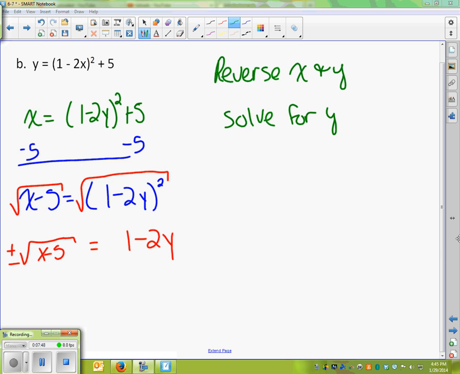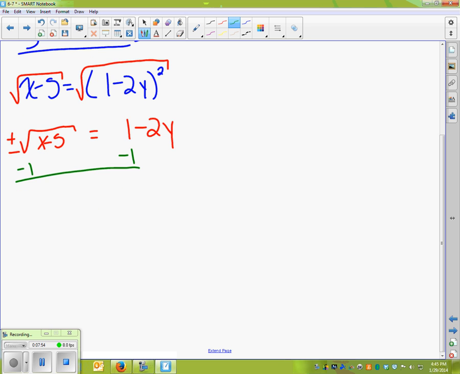Solving for y now, I subtract the 1 from both sides. So I have negative 1 plus or minus the square root of x minus 5 equals negative 2y. And my last step, divide by negative 2.